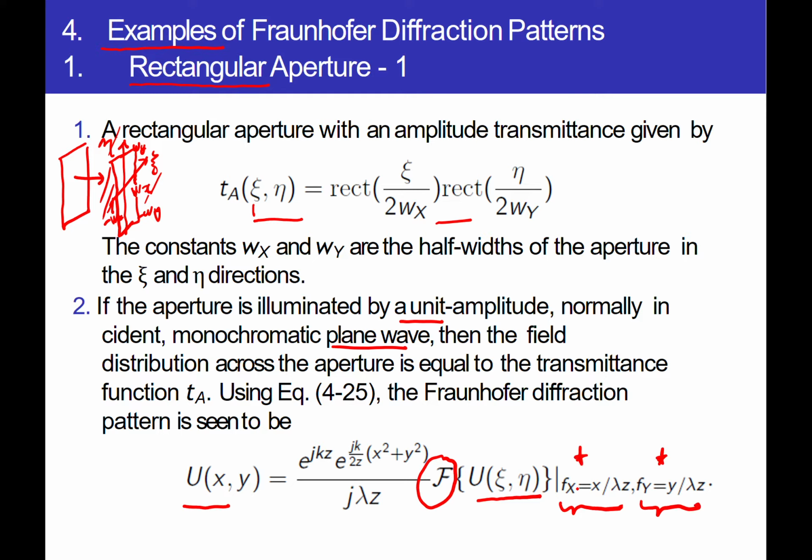Here the spatial frequency fx is given by x over lambda z, and the spatial frequency fy is given by y over lambda z. In the observation plane, we are looking at the spatial distributions.